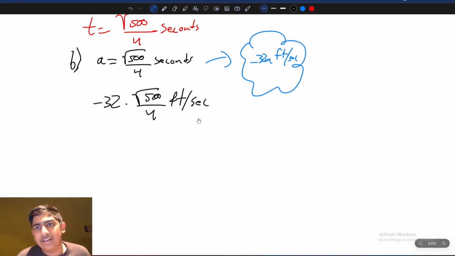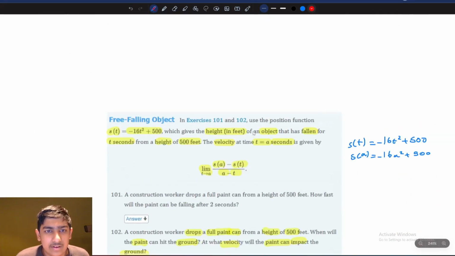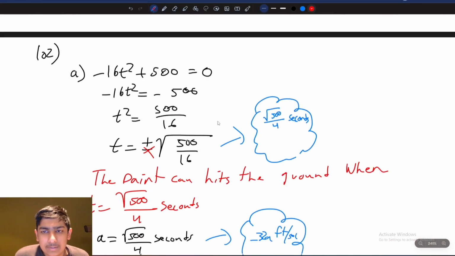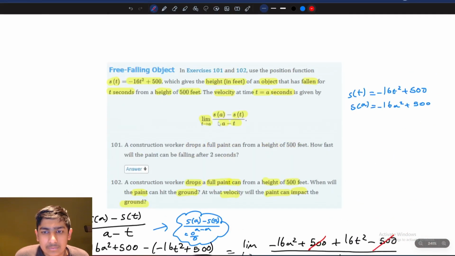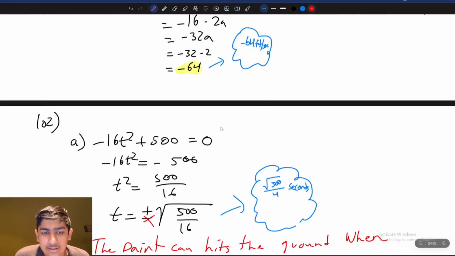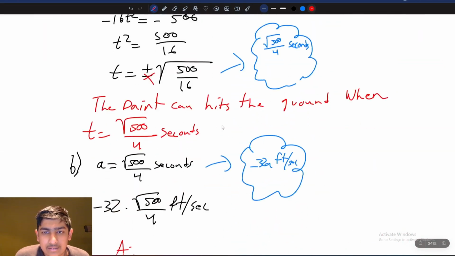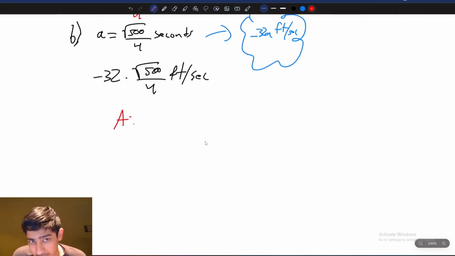So now, there are two ways to respond to this. The paint can will be moving at, and again, this is the instantaneous rate of change, what the derivative is.